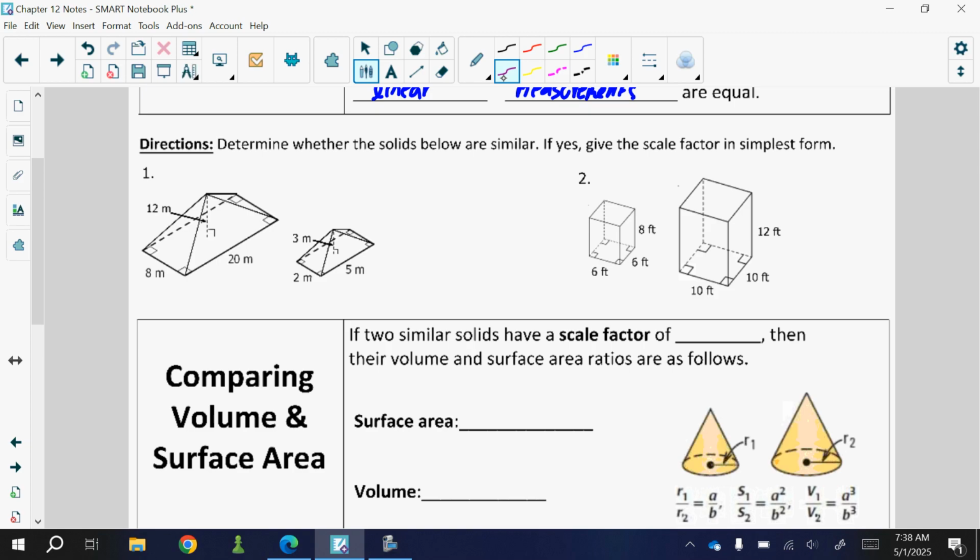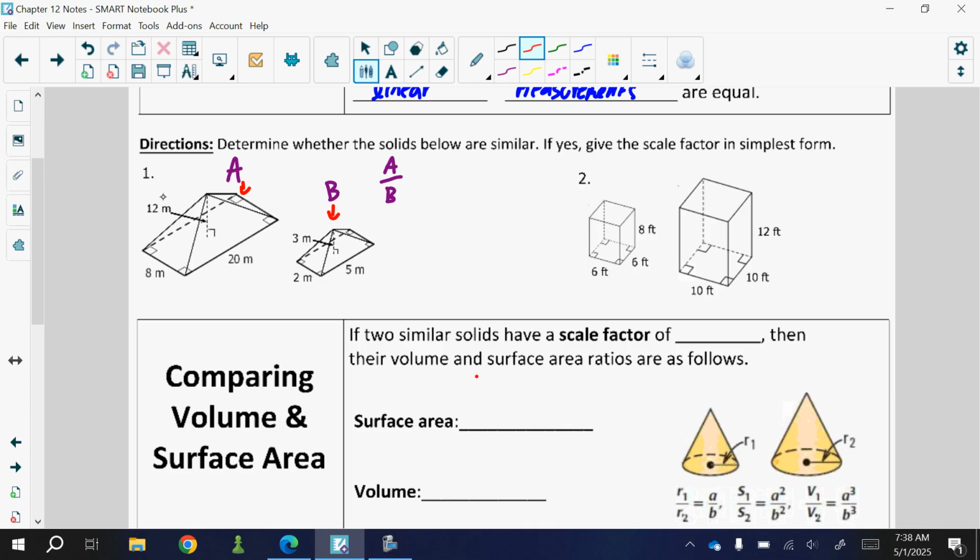So essentially, the way you set up the ratio does not really matter as long as you stay consistent. So I'm going to call this one A and this one B. So for all my ratios, I'm going to do the side of A over the side of B. And by this, I'm naming the entire solid, A and B.